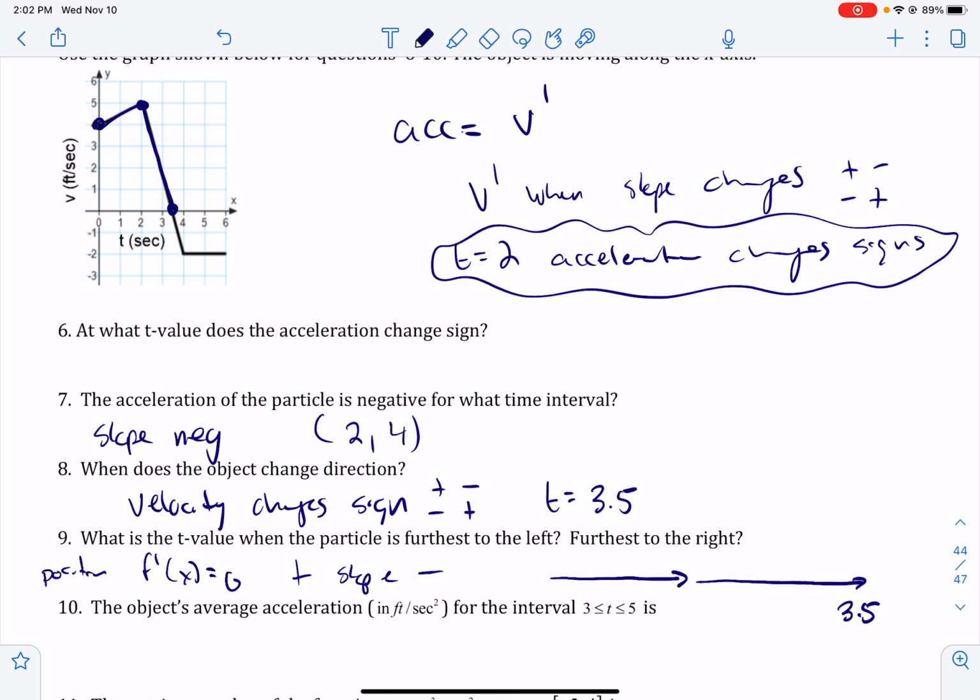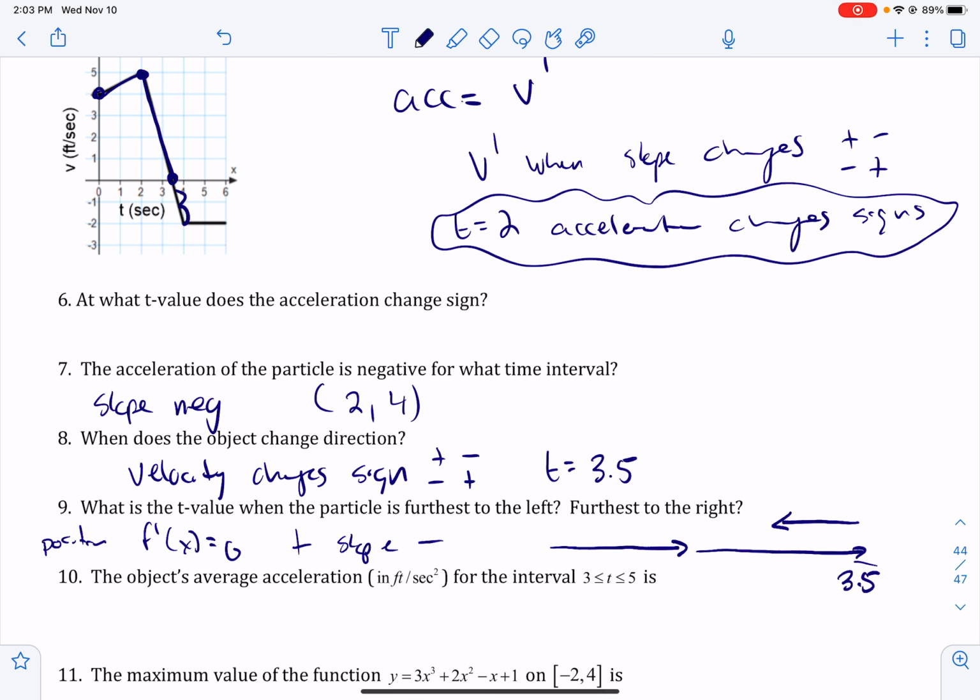And then at 3.5, my velocity goes to 0 and becomes negative, which means I start moving to the left. So that tells me that I am furthest to the right at this point right here. I've gone to the right the furthest at 3.5. So I would say when t equals 3.5, I'm furthest right.